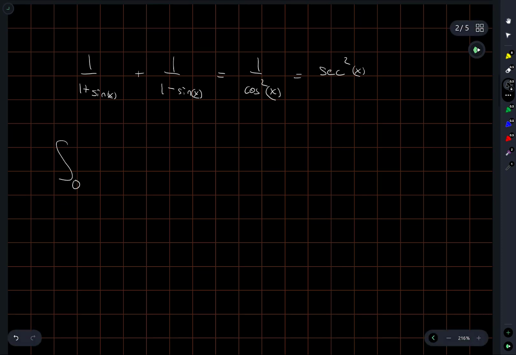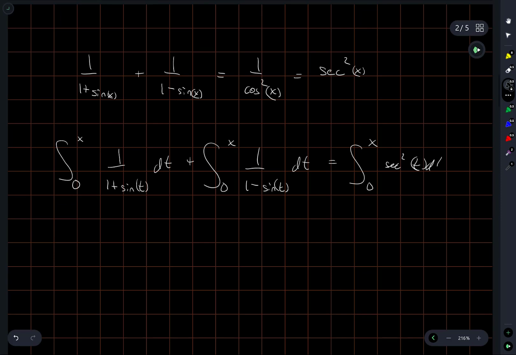Right, the integral from 0 to x, 1 over 1 plus sine t dt, plus the integral from 0 to x, 1 over 1 minus sine t dt is going to be equal to the integral from 0 to x secant squared t dt.